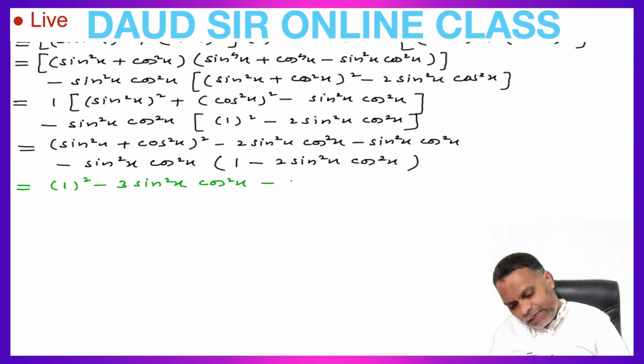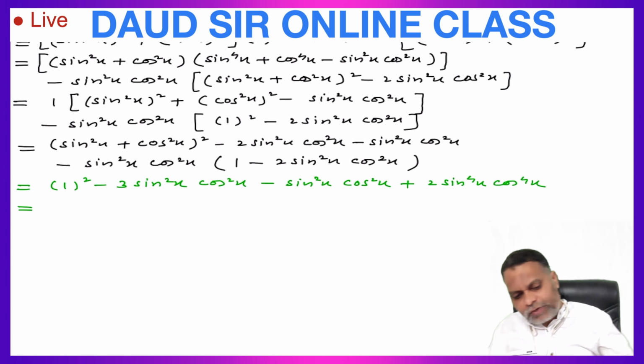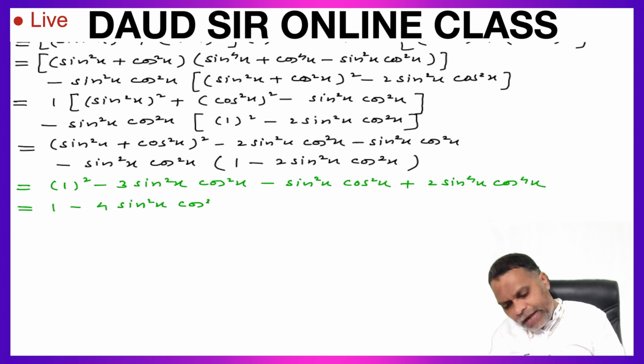So this is minus sin square x cos square x, minus minus plus 2 sin raised to the power 4x into cos raised to the power 4x, which is equal to 1 square, 1 minus 3 sin square x cos square x minus sin square x cos square x is minus 4 sin square x cos square x plus 2 sin raised to the power 4x cos raised to the power 4x.